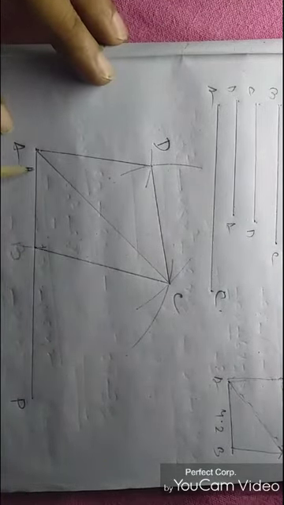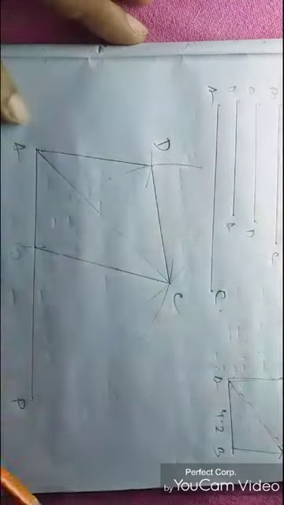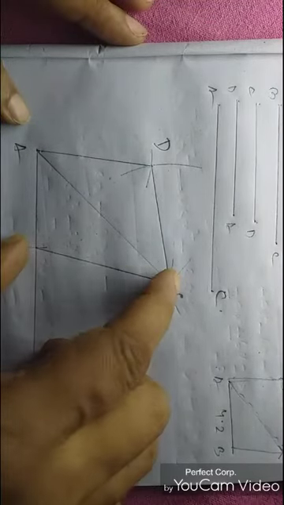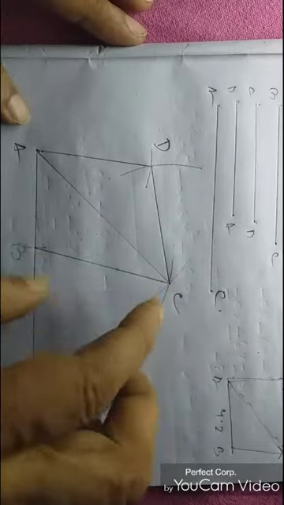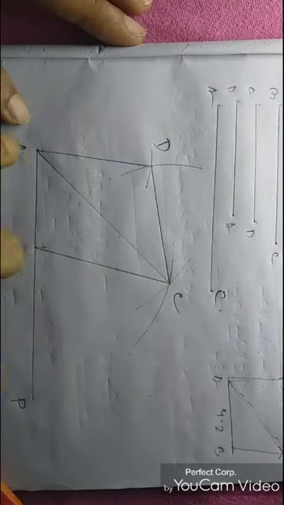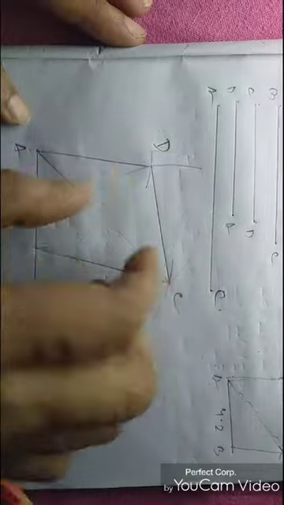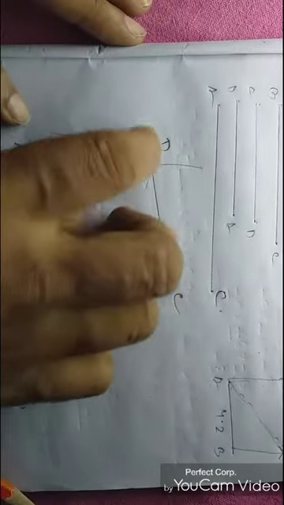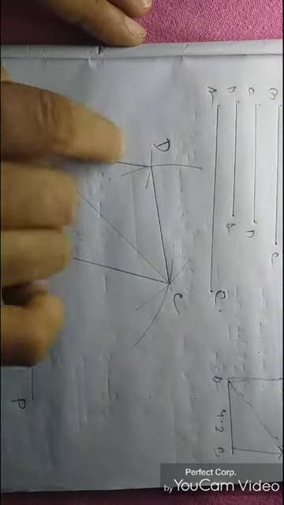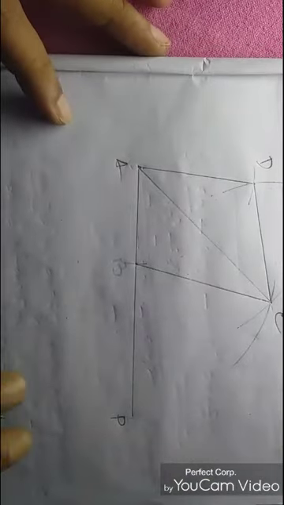Taking any side AP, from AP measure AB, make one arc, and taking AC and BC, the two arcs intersect at point C. Then from C and from A get CD and DA, two arcs intersecting at point D. Draw AD and DC. This required quadrilateral ABCD is drawn. This is number 1.